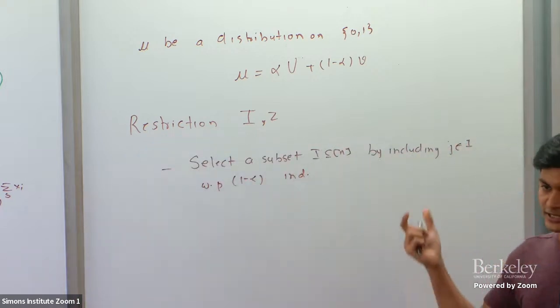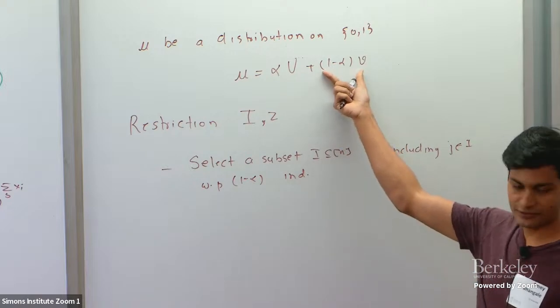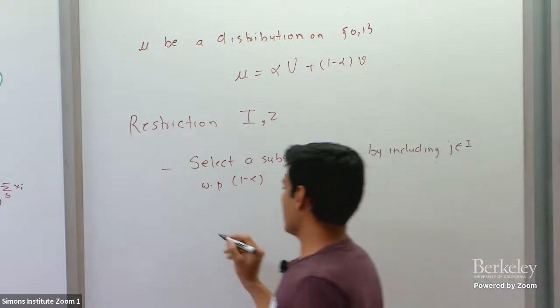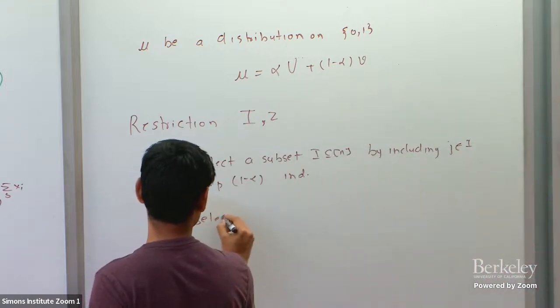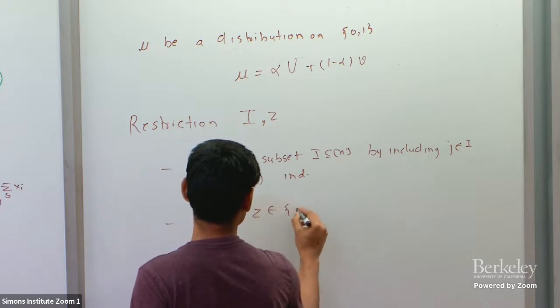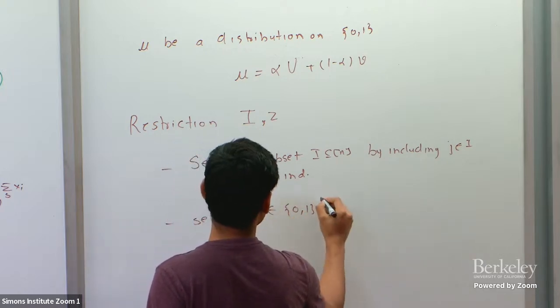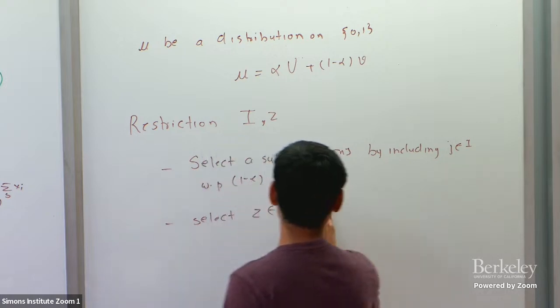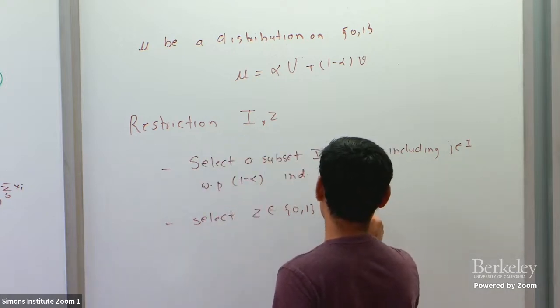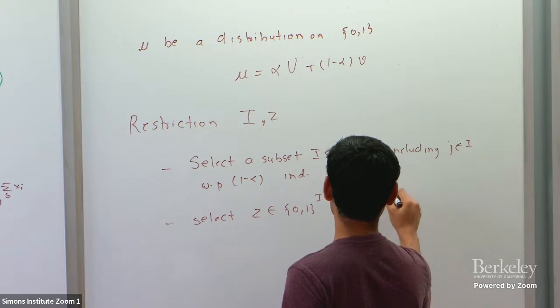So we are basically selecting a subset of size 1 minus alpha times n, and then select z, which is in {0,1}^I, according to the distribution nu.